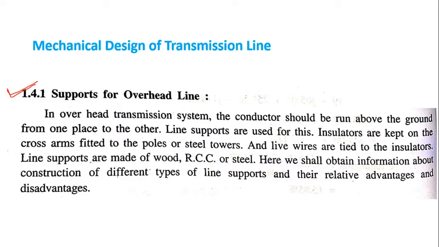Line supports are made of wood, RCC or steel. So these are three different types of material which we use for making our transmission towers. Here we shall obtain information about construction of different types of line supports and their relative advantages and disadvantages.